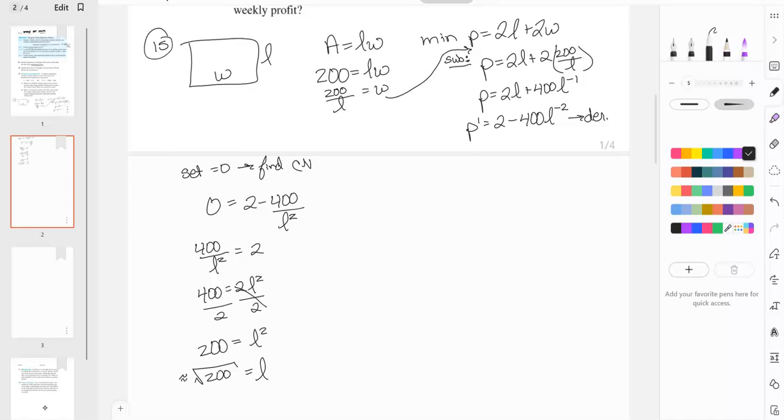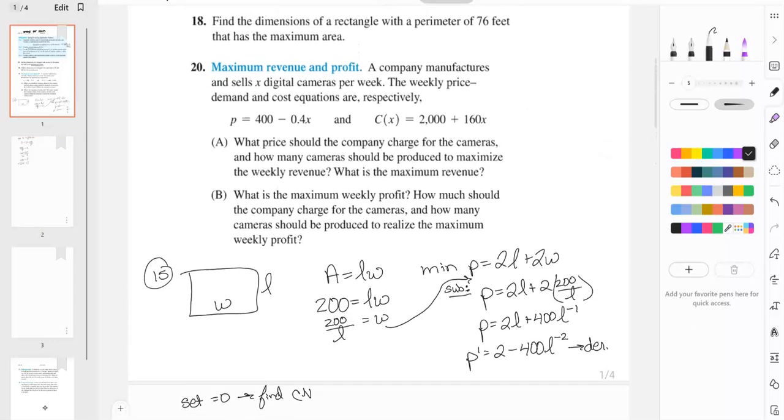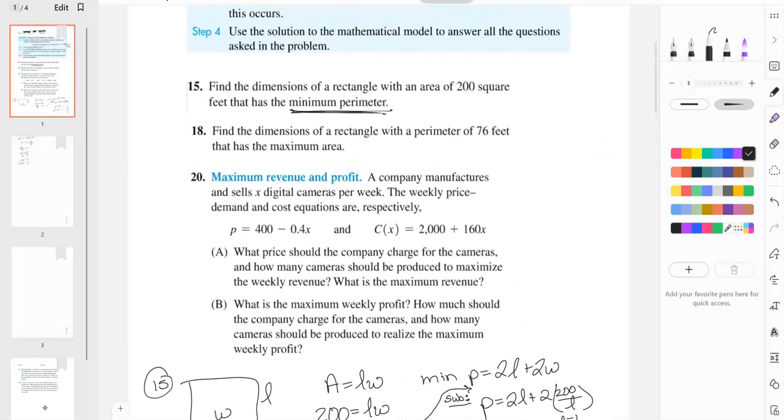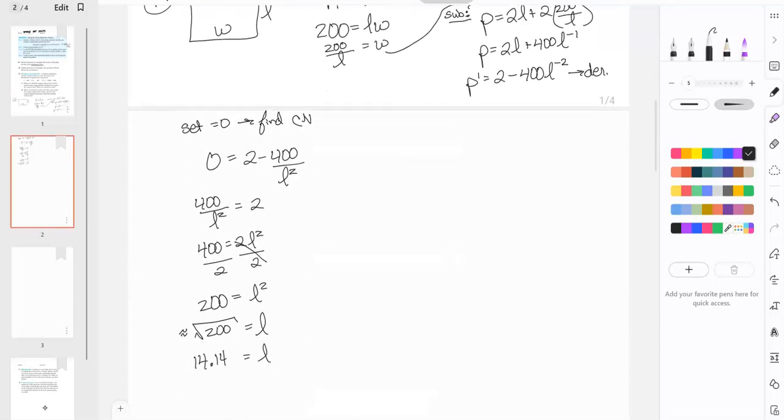And I'm going to get a decimal approximation for that. So I'm just going to type that in my calculator over here off camera. I'm going to get about 14.14 equals that length. Everything's in feet, so this is going to be in feet. So that's my critical number.